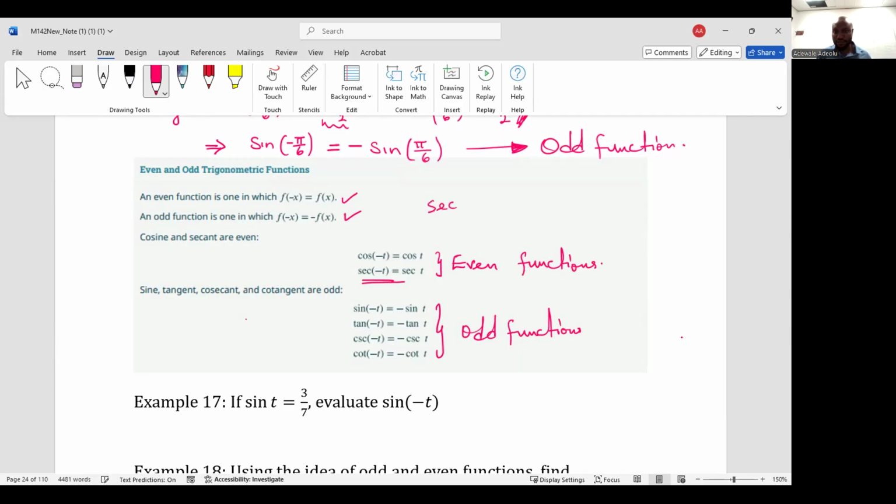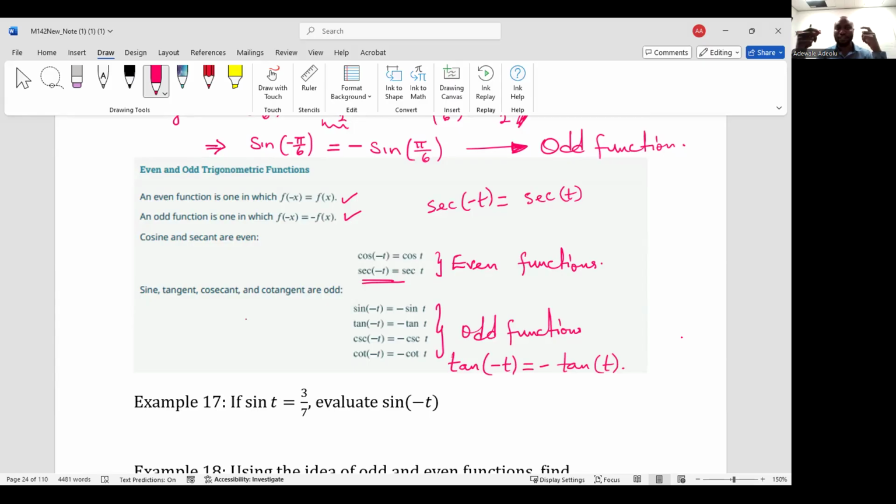Secant of a negative angle, because it is even, will become secant of the positive angle. Here tangent is an odd function, so that means tangent of a negative angle is going to be negative of tangent of the positive angle. And so on for cosecant and cotangent.